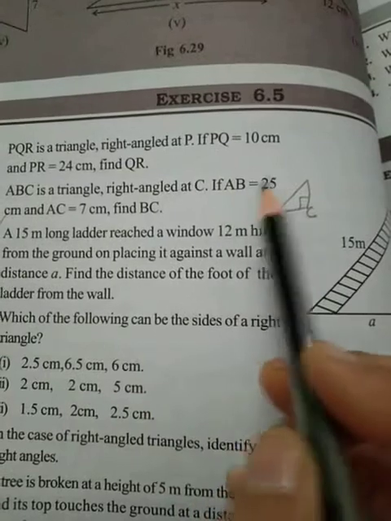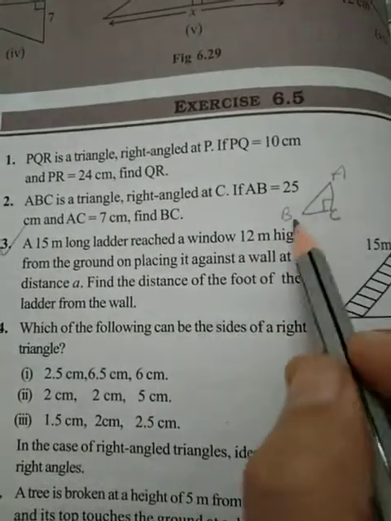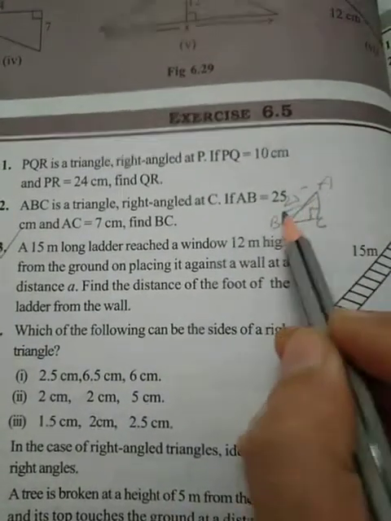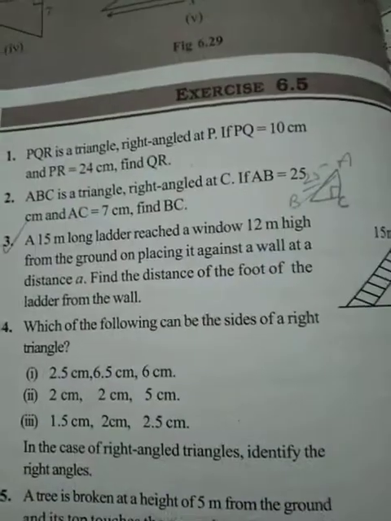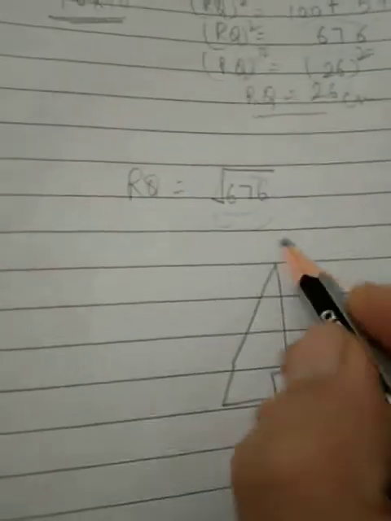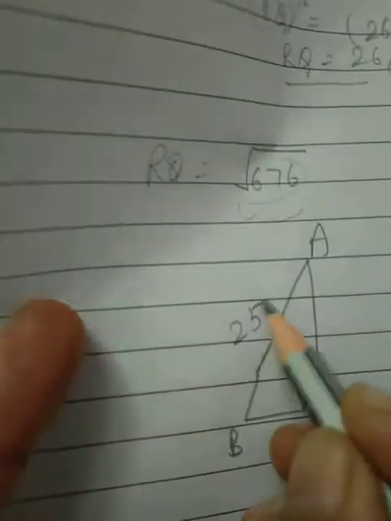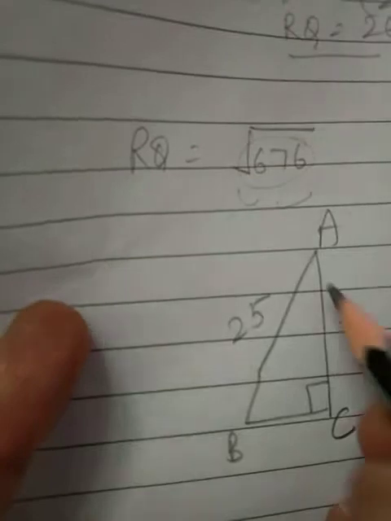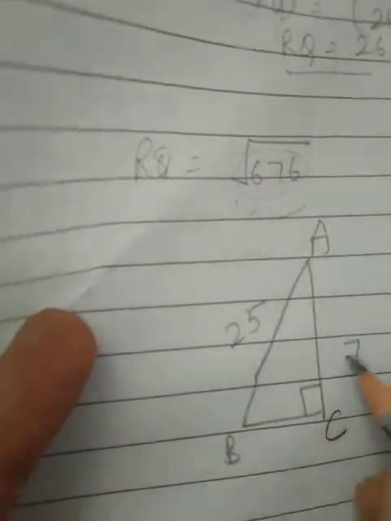Now if AB equals 25, this AB is the hypotenuse, its value is given as 25, and the value of AC, the base, is also given, that is 7.